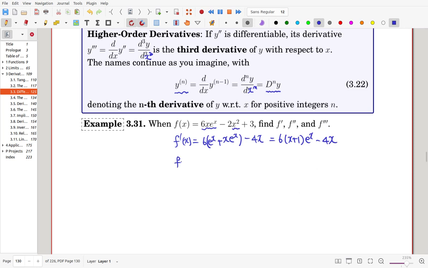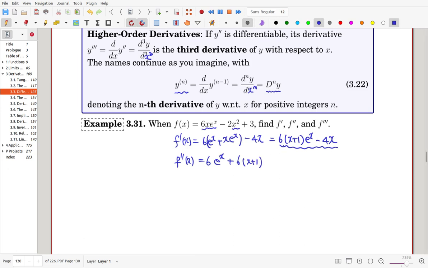Okay, now f double prime of x, we'll take one more derivative of that one. That is the same as 6, and the derivative of x plus 1 is 1, times e to the x, plus now 6 times x plus 1.